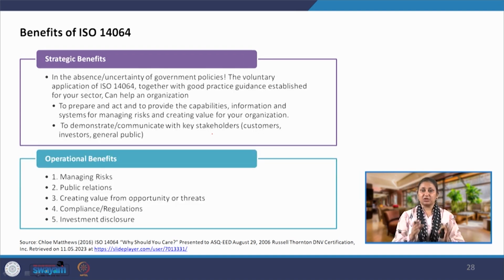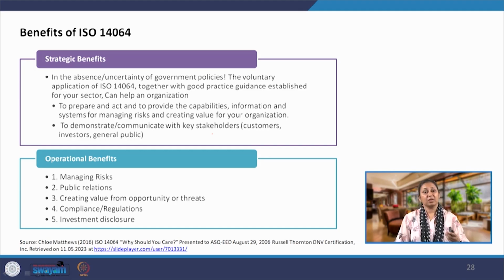Strategically, we are looking at the voluntary application of 14064, which will help in reducing greenhouse gas emissions even when there is a lack of government policies. As an international standard, even when individual national or subnational governments have not been able to frame policies, this standard is going to help organizations, especially smaller organizations, to voluntarily apply this code, reduce their greenhouse gas emissions and also report.